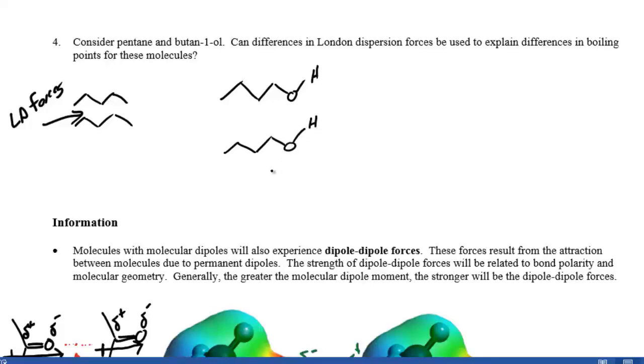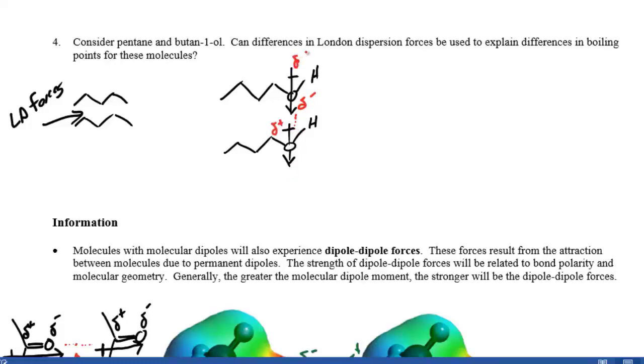In addition to the London dispersion forces that would be holding these molecules together, in particular if you think about the hydrocarbon portion of the molecule, there will be dipole-dipole forces. Now I'm not going to draw the bond dipoles for simplicity, but we can draw a molecular dipole here and a molecular dipole here. And we would expect that there'd be an attraction between the more negative side, which would be on this side, and the more positive side of the second molecule.